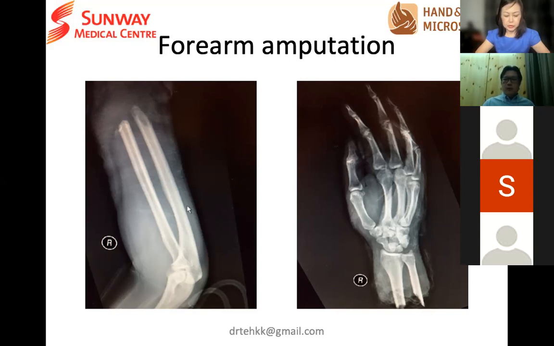A few years ago, we had a presentation by a Chinese team presenting a 10 finger amputation. Both hands, all the fingers were amputated, and they did a 10 finger replant. The 2 surgeons did a 48-hour surgery.